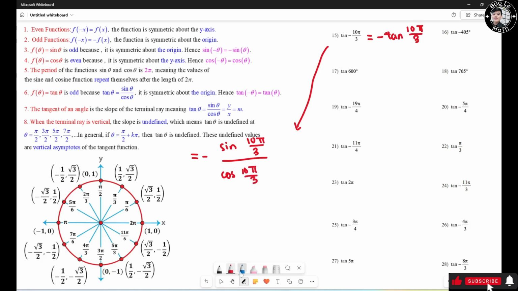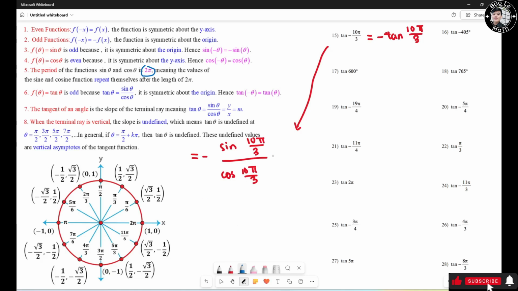I know that the periods of sine and cosine are 2 pi, so I just split this one in terms of 2 pi. I look at the bottom right here, I see 3, so I need to split 10 pi into two integers, one of those being a multiple of 3.